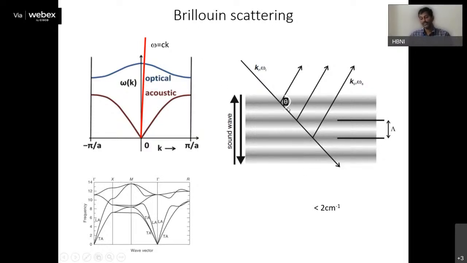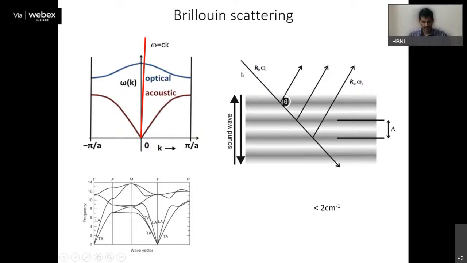When a photon comes, it gets reflected from this sound wave, and these outgoing waves can be considered Doppler shifted, so certainly the energy will be different. If one can measure the difference in this energy, one can deduce the sound velocity, and based on the sound velocity, one can deduce the elastic constant. If you take a single crystal, you can measure in different directions and geometries, and find the elastic constants of the system.